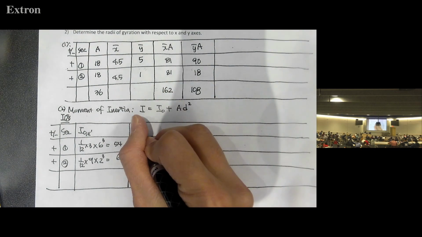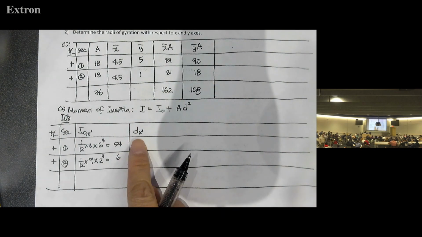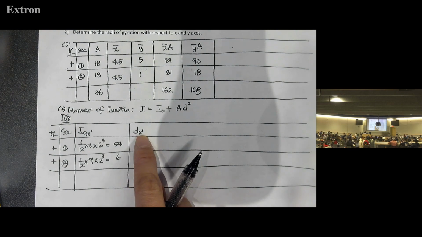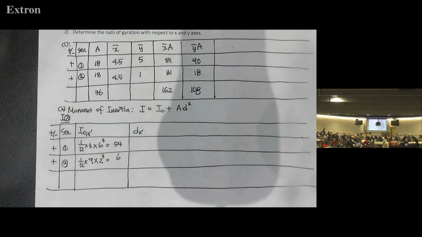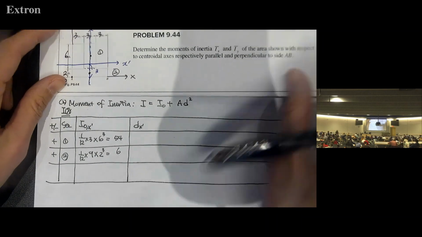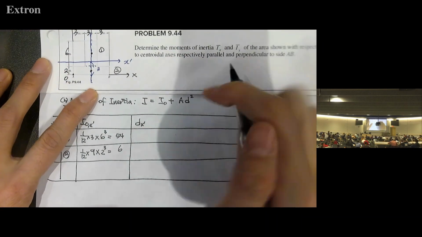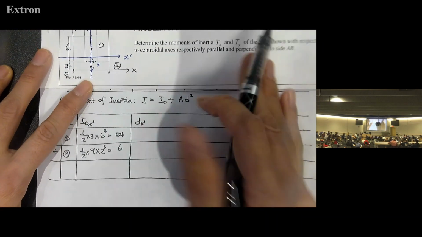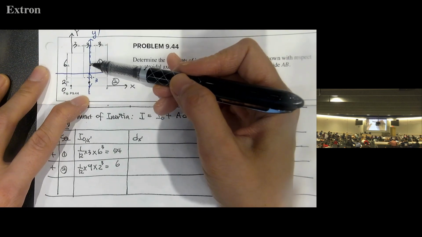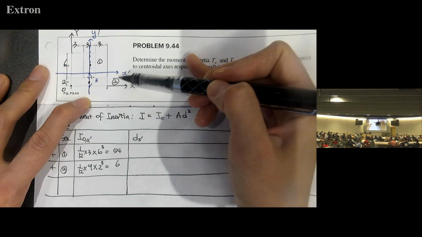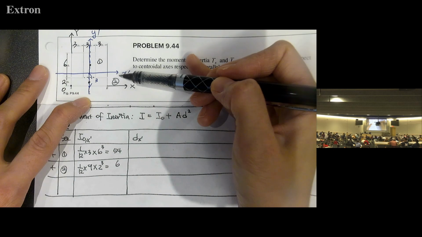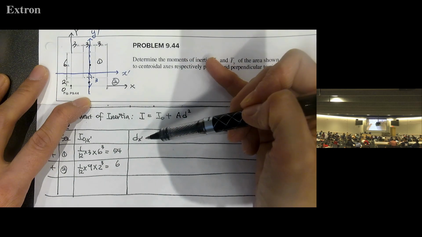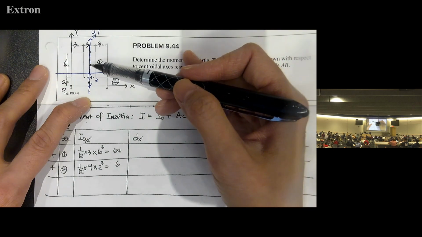Good. And now, what is the distance from the x prime axis? I'll show you this again. I told you the centroid is here, and x prime is here. What is the distance between x prime and the centroid of section 1?